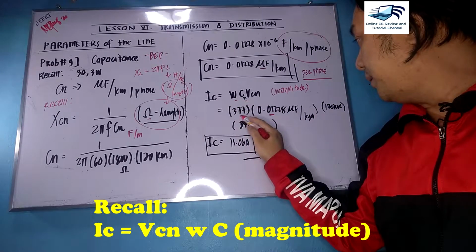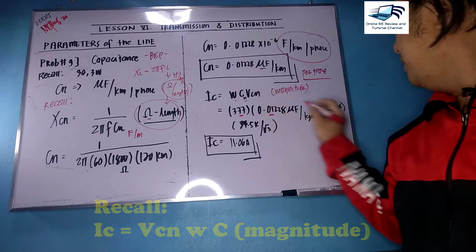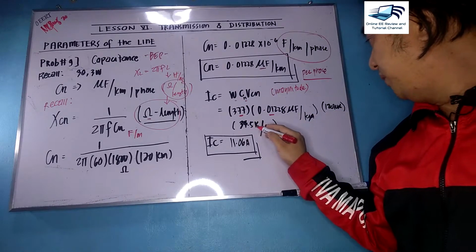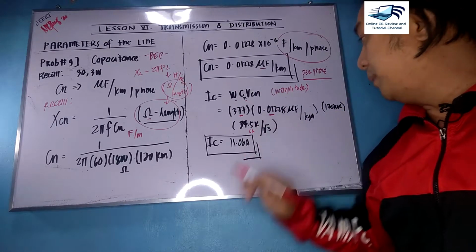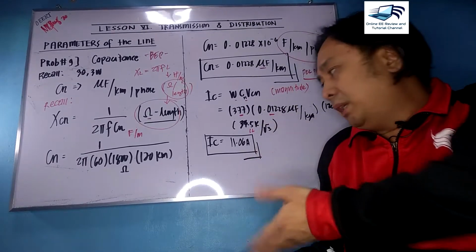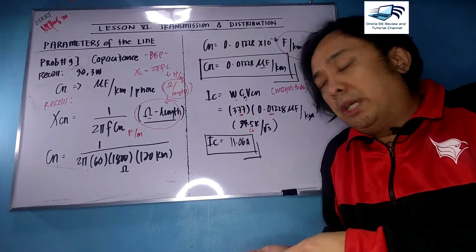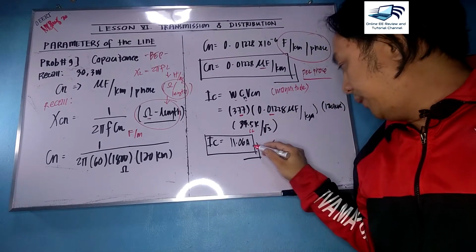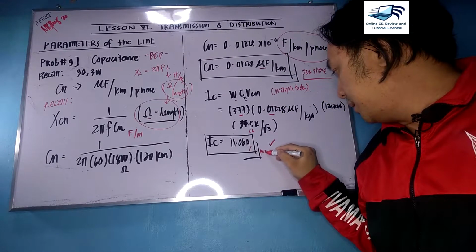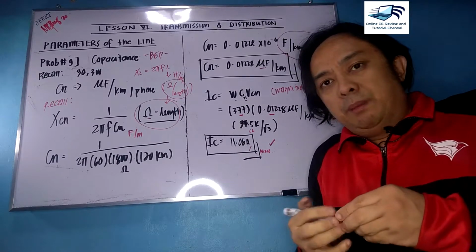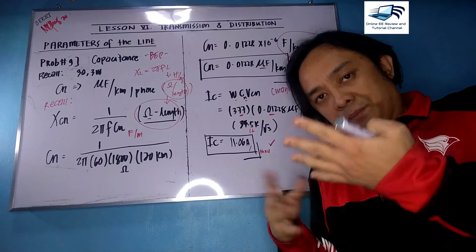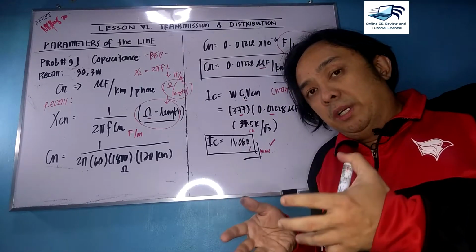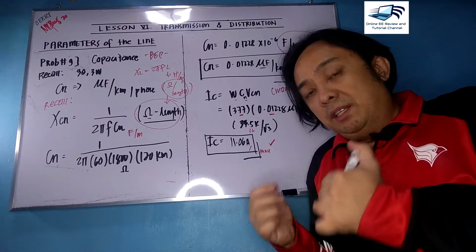Your omega is 377 for 60 Hertz, and then your VCn is 34.5 in a line-to-line basis, divided by square root of 3. Manipulating it and having it in your calculator, the answer is 11.06 ampere per phase basis. So very, very simple problem here. All you have to do is to recall your basic formulas and concepts.